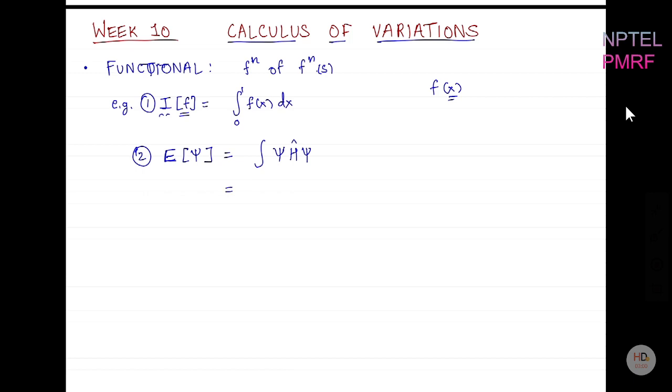If we expand it, it's the integral of psi of x, then H operated on psi of x, dx. Or in multidimensional, you would have x, y, z, everything. So energy is the functional, and you know that the ground state is the function that minimizes this energy. So it's actually useful in this as well.